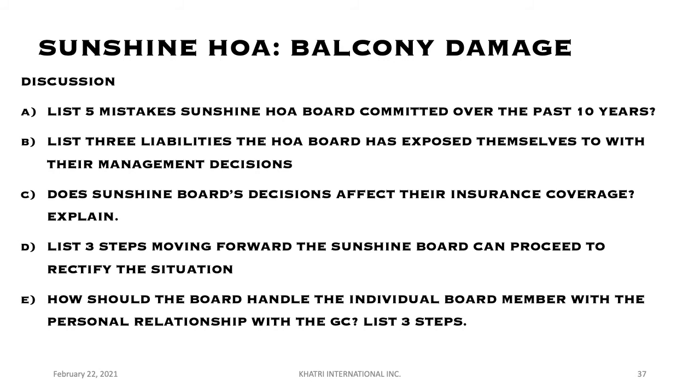So, how do you fix it? Well, for one thing, I think that the board members that broke the rules here need to be removed. And whatever process that is, I'm not an HOA attorney, so that's something you have to talk to legal counsel on. But they need to step down or be removed. And they need to bring in a new team, and preferably a construction management company who can come up with a plan.